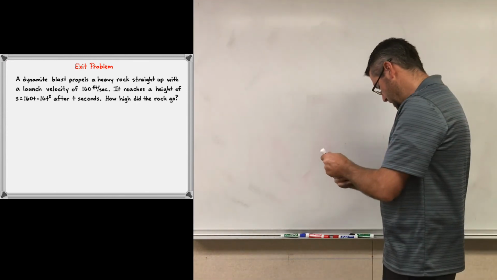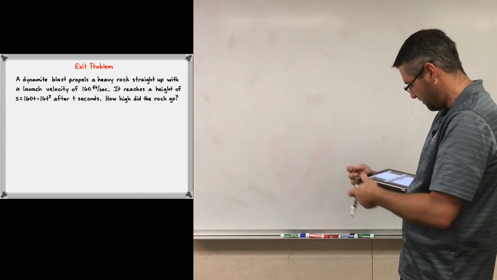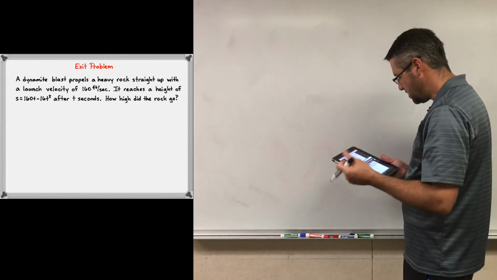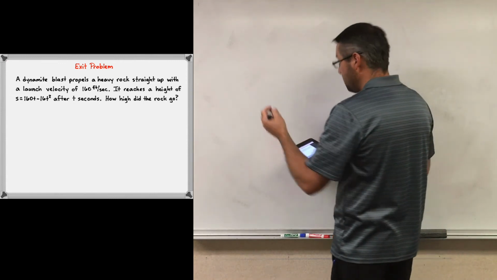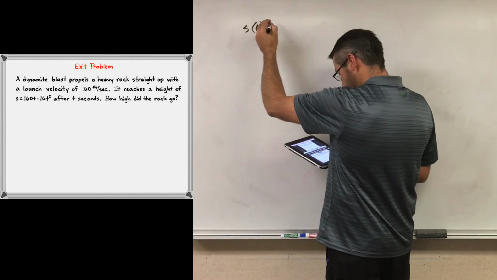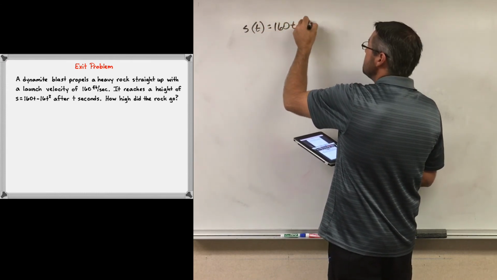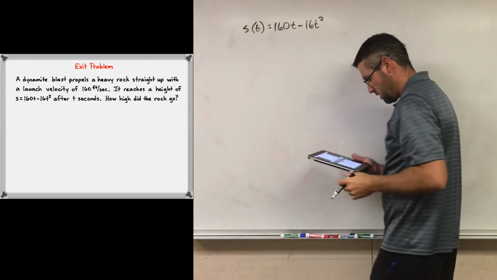In this case, it says a dynamite blast propels a heavy rock straight up with a launch velocity of 160 feet per second. It reaches a height given by s of t equals 160t minus 16t squared, okay?